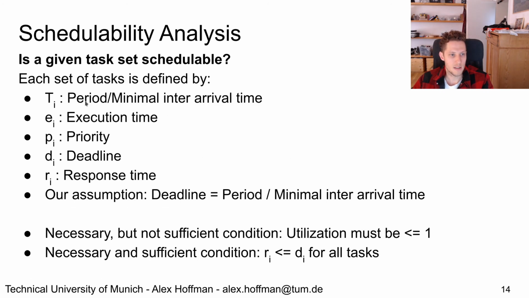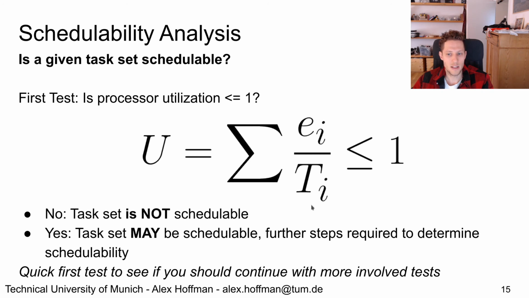This tells us the utilization that a single task is creating. As long as the sum is less than 1, we may be schedulable. If it's greater than 1, we are definitely not schedulable. If it is less than 1, we may be schedulable, and we need to go on to the second step.